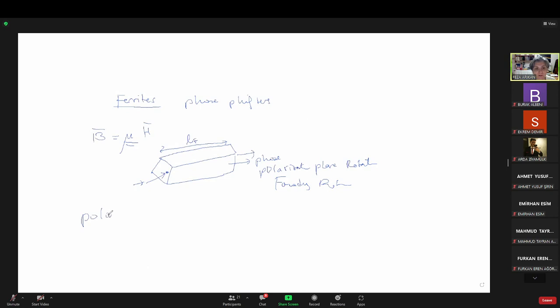Polaroids in optics also use the same phenomenon. So this polarization shift carries information in various applications, especially in sensors.